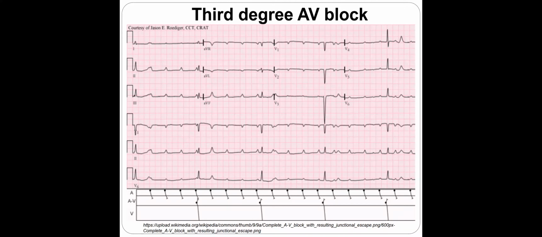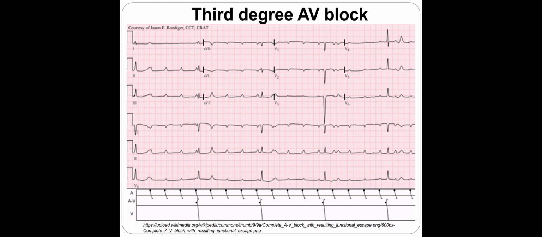Now I do have a hypothetical situation. We do have a sinus impulse formation of 60, so the atrial rate is 60. The ventricle escape rhythm can be 30.